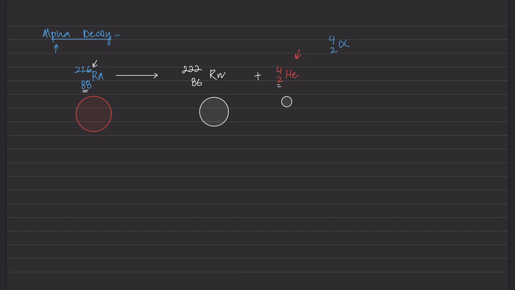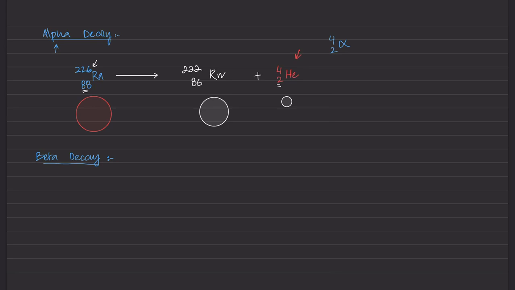So this is an example of alpha decay. In alpha decay, we have a loss of 2 in the proton number and a loss of 4 in the nucleon number. Moving on, the second type of decay that we have is beta decay.